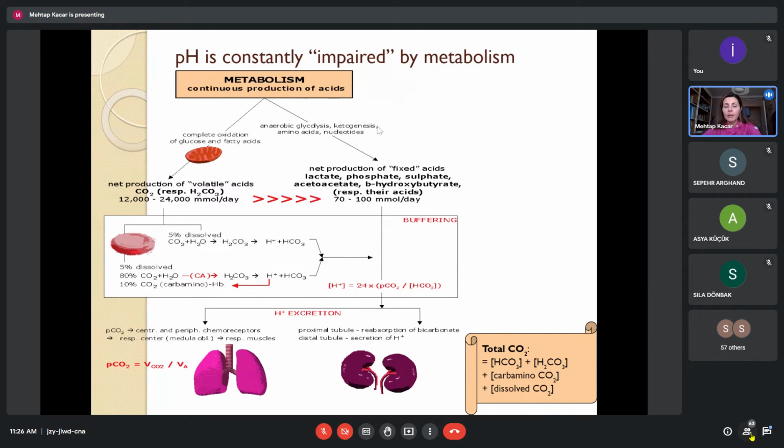Anaerobic glycolysis, ketogenesis, and amino acid and nucleotide metabolism lead to net production of fixed acids such as lactate, phosphate, sulfate, acetate, something like that. We produce many acids during daily reactions or metabolic functions. Our buffer system neutralizes them, and we excrete hydrogen ion from our lungs and also kidneys.